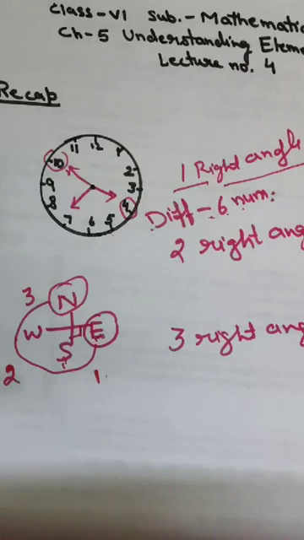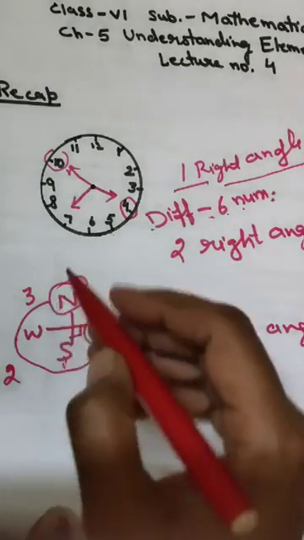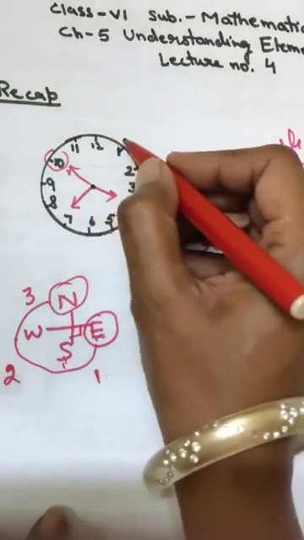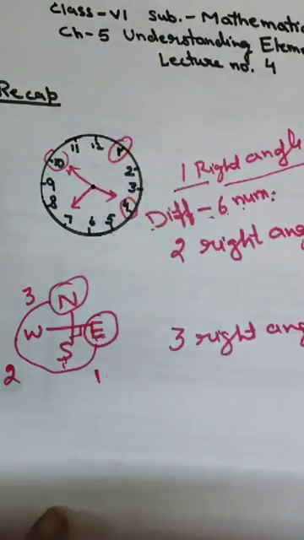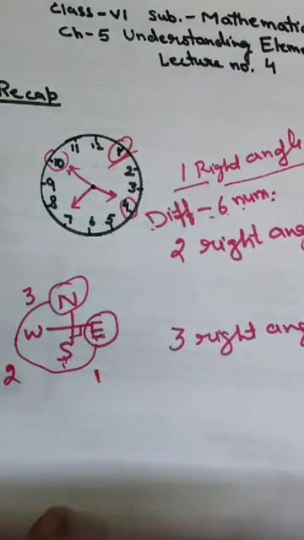Next we have done the case where the starting position is given to us, suppose our clock hand is at 1, and it turns 2 right angles, where will it stop?